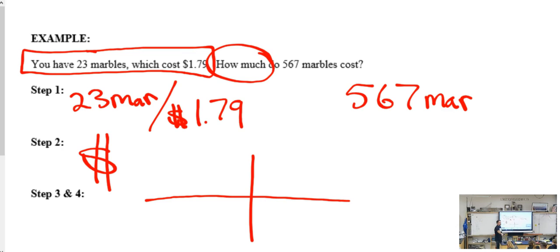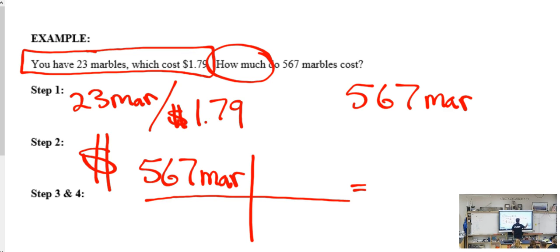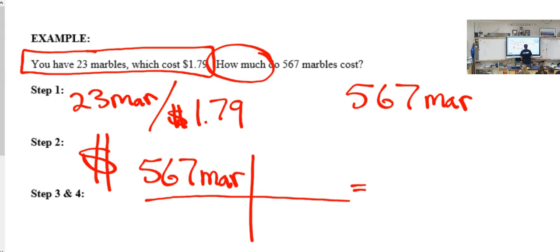And the next step is to start with the thing that is alone in the where? Top left. So which one of these is alone? All right, 567 marbles. Then, once again, what unit did I want in my answer? I wanted dollars, right?